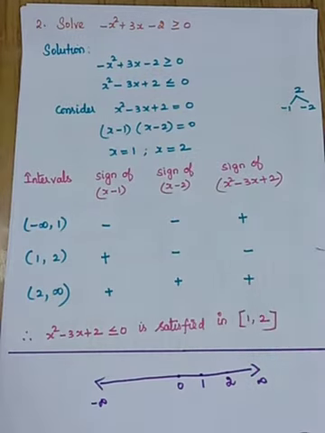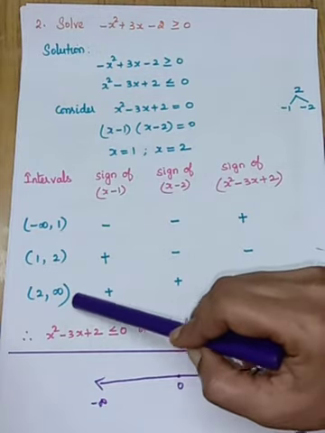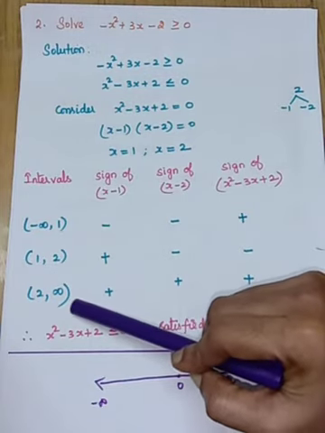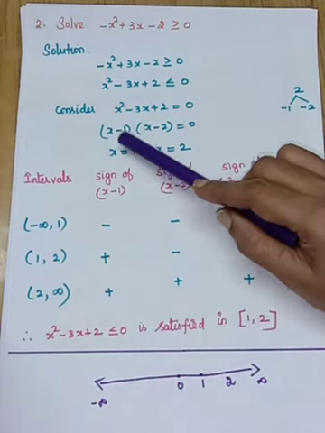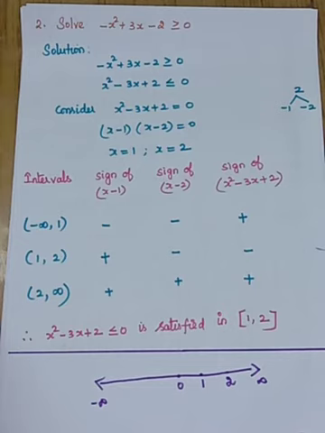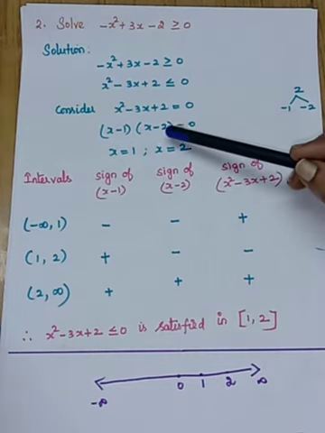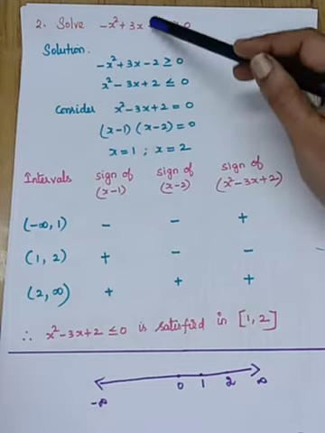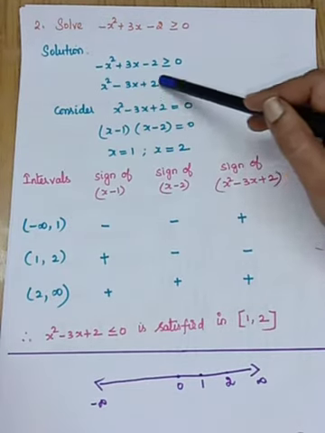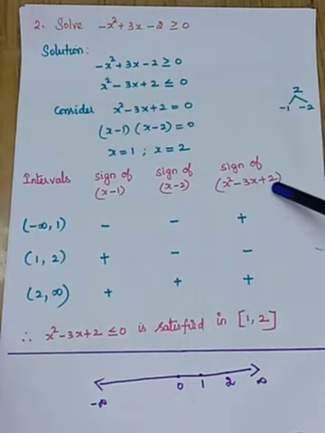You can consider the 3 intervals. What are you going to check? You are going to check the sign of the factors. What is the first factor? x minus 1, the sign of x minus 1. What is the next factor? The sign of x minus 2. Then you have to check the sign of x squared minus 3x plus 2.